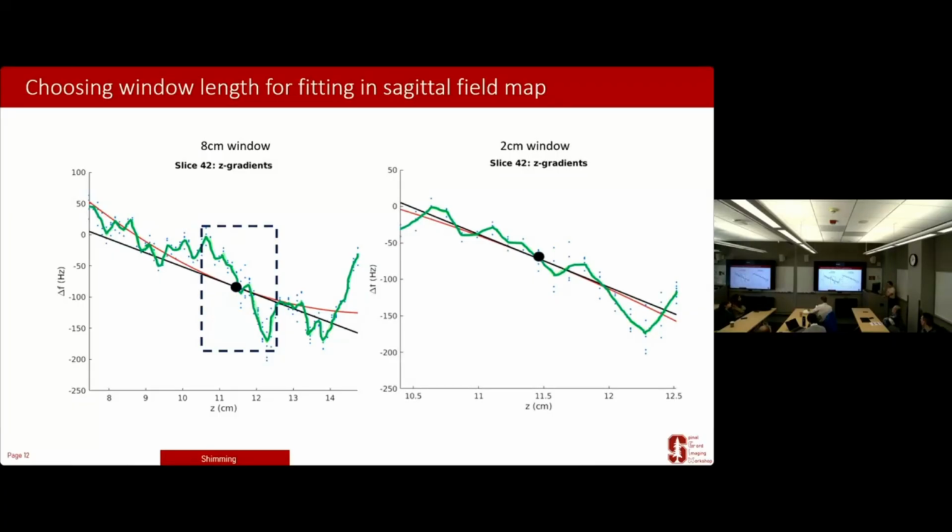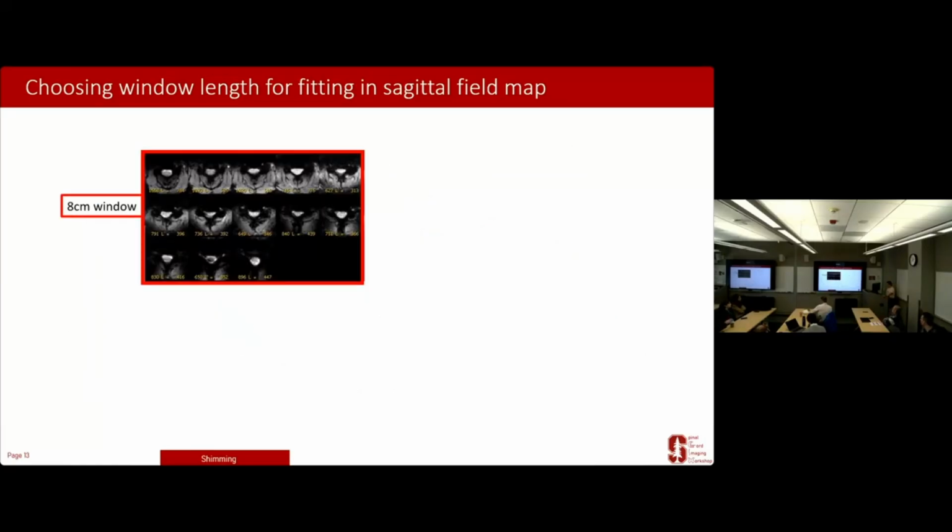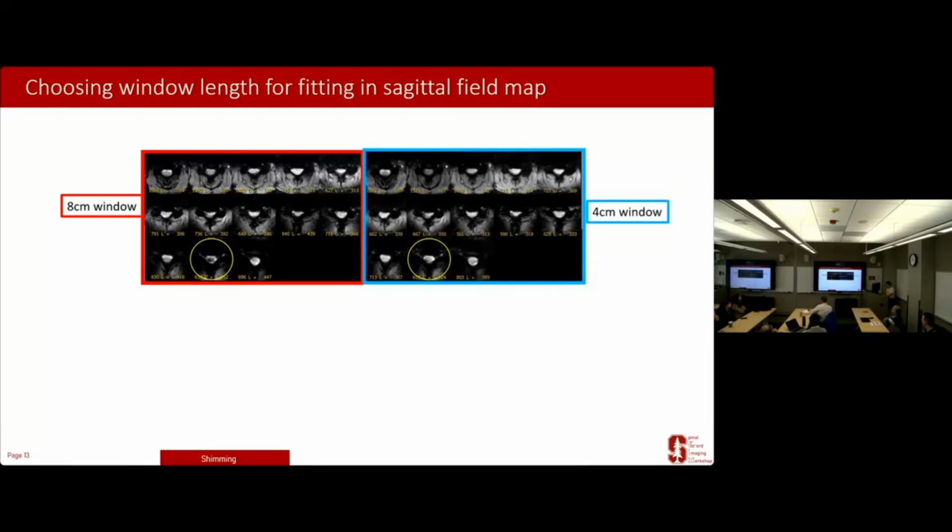And what does it do to the images? Well, all these images used 8 centimeter windows for fitting. They look good overall. This one is the one that we will pay attention to. We see that there's some signal loss. So if we use a 4 centimeter window, it looks a little bit better.